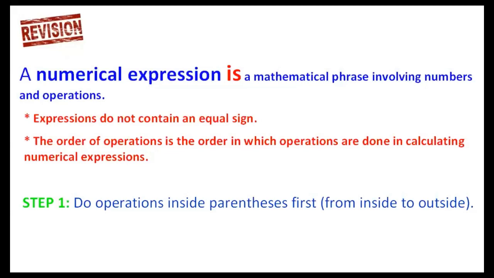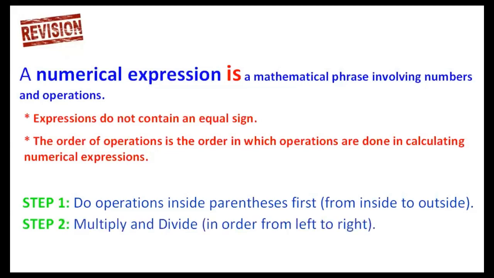Step number 2, multiply and divide. The priority here, the first one will be multiply and then divide, in order from left to right. So when we have a multiplication sign and a division sign in the same statement, we have to start from left to right with multiply and divide.